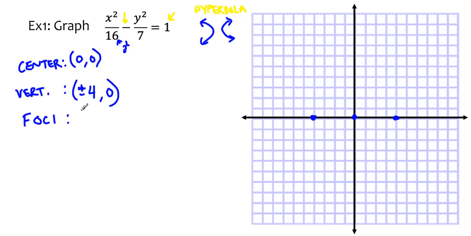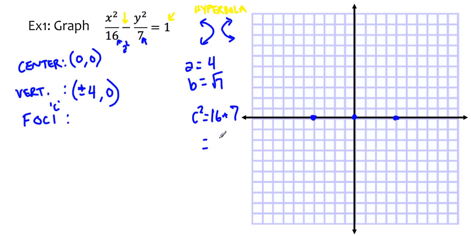Okay, so our foci, whenever you think focus points, think the C value. So if our A value is 4 and our B value is root 7, and we get that from this value here, which is B squared, then to find our C value, we want to do C squared is A squared plus B squared.